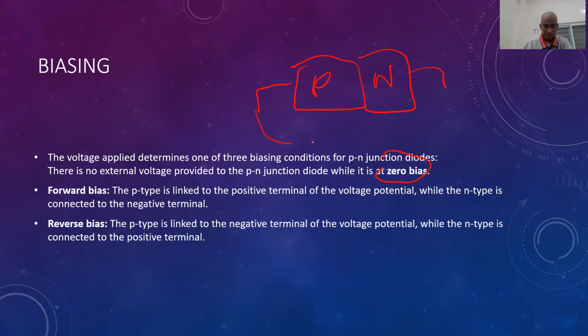When the P-type is linked to the positive terminal of the voltage potential and the N-type is connected to the negative terminal, it is called forward bias. For reverse bias, the P-type is linked to the negative terminal, while the N-type is connected to the positive terminal.